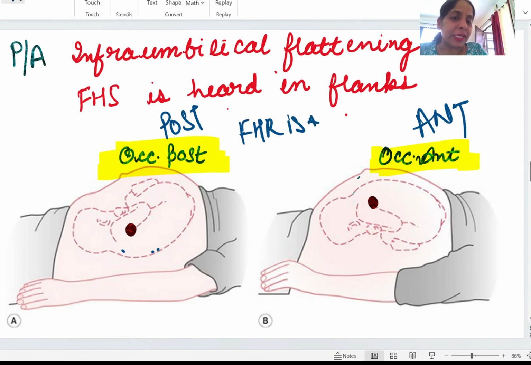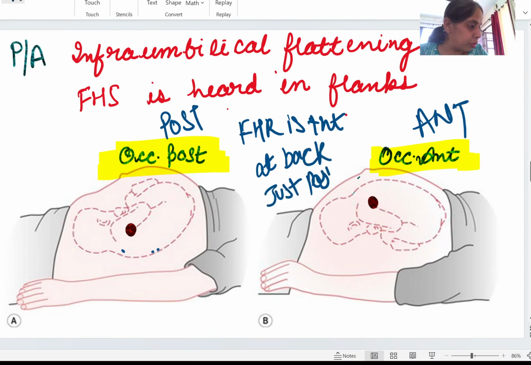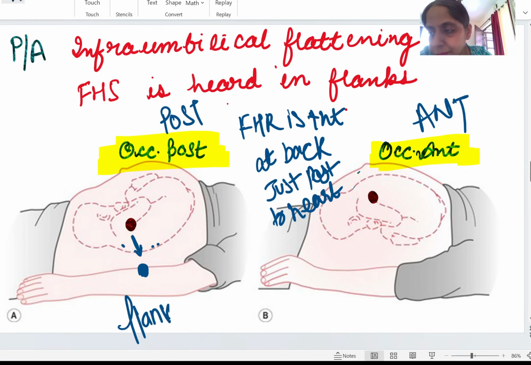Fetal heart rate is present at the back, just posterior to the heart. So where does the heart lie? See, here is the heart. So where is the fetal heart rate auscultated? Here. Fetal heart rate is auscultated in flanks.